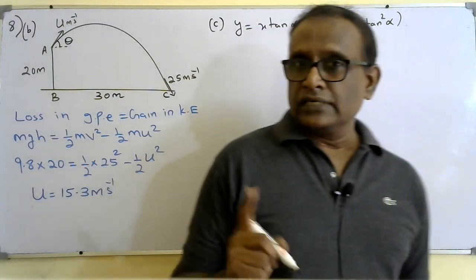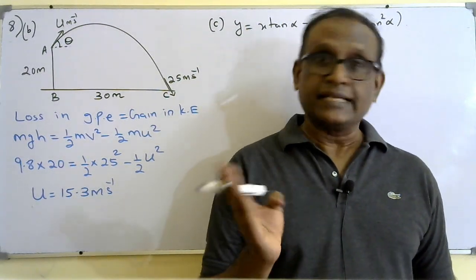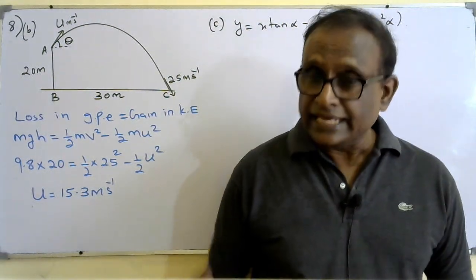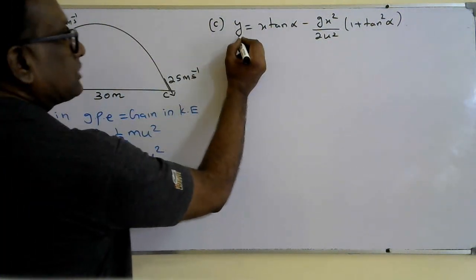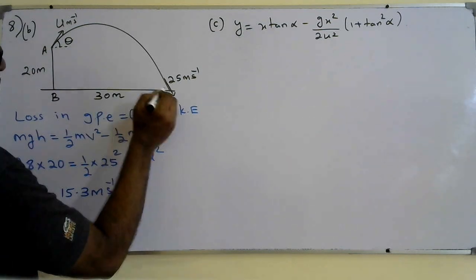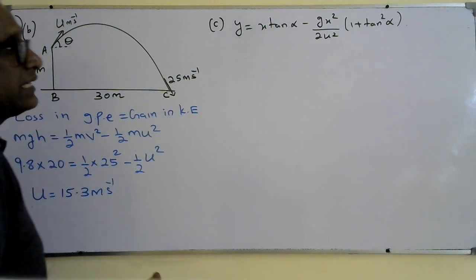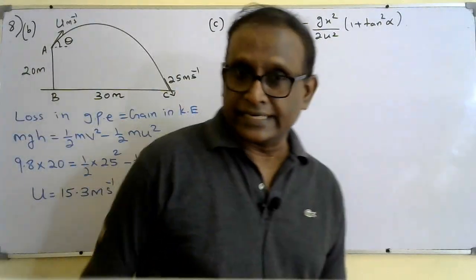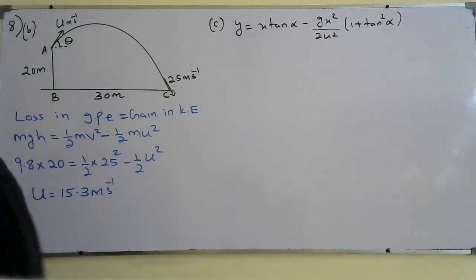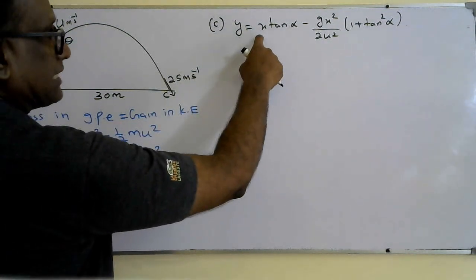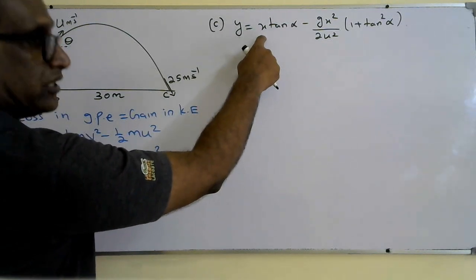But I told you again, the direction of y, the vertical displacement, and the direction of velocity were taken the same when we were deriving it. But when we are using it, be careful: here the direction of displacement y is downwards, and the initial velocity is upwards. Now we can use this equation because we know x is the horizontal displacement. During that horizontal displacement we should know the vertical displacement.